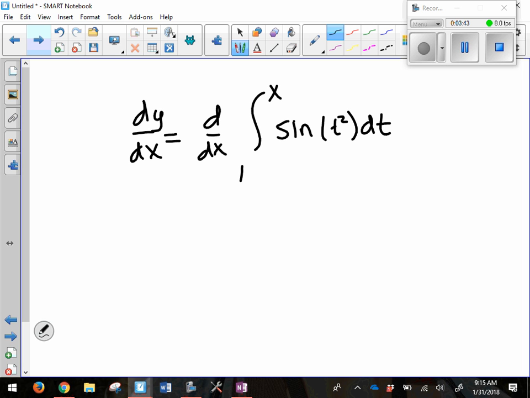So I'm going to take the antiderivative of both sides. And when I take the antiderivative of dy/dx, what do I get? Y. And when I take the antiderivative of that, what do I get? The integral of sine times t squared dt.